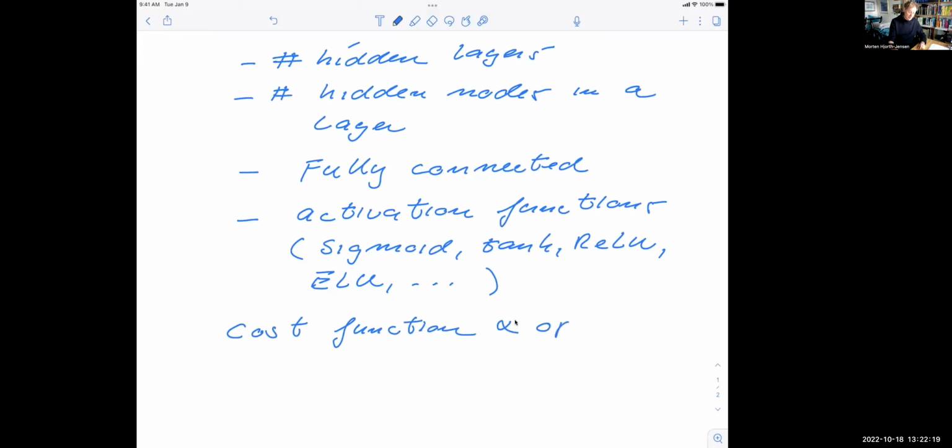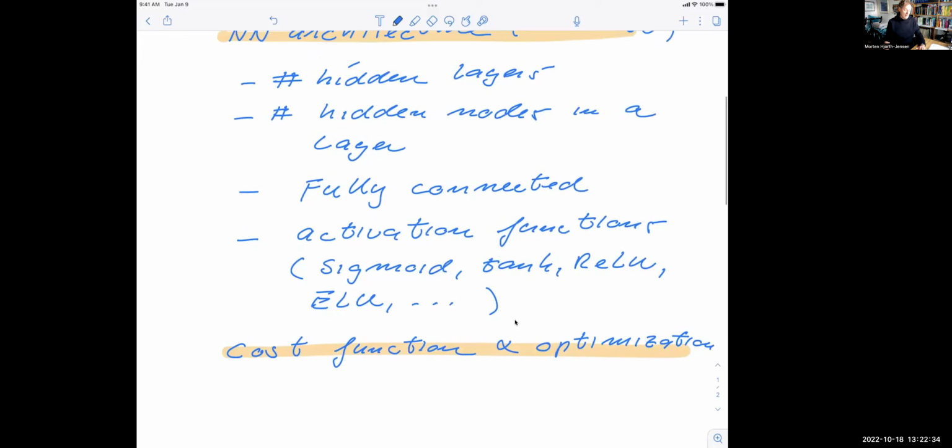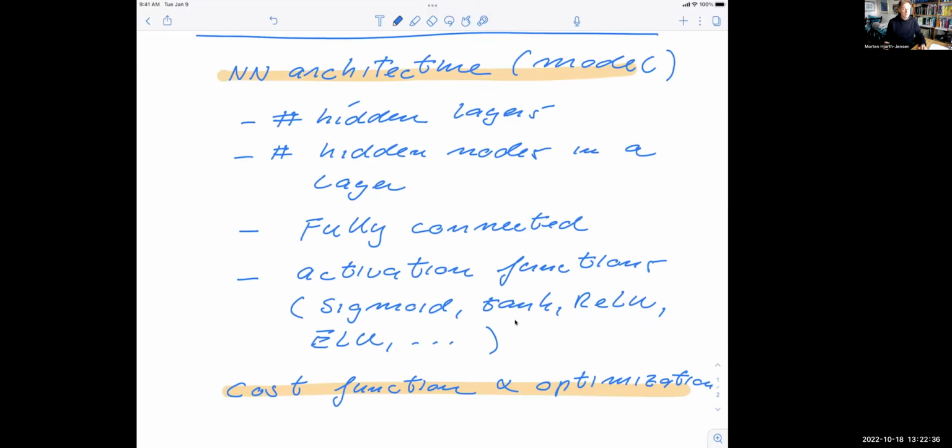So this is the other, what we might call overarching element of a neural network. And actually this applies to all of deep learning. When we say deep learning, it has to do with the number of hidden layers. The more hidden layers you have, the deeper the network. And the width of the network is given by the number of nodes in a given hidden layer.